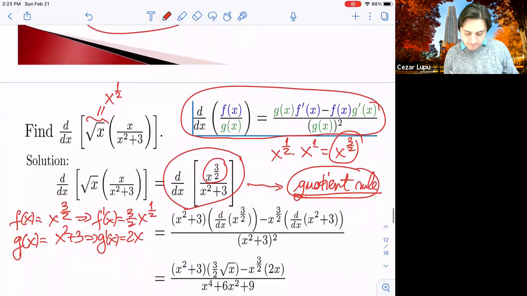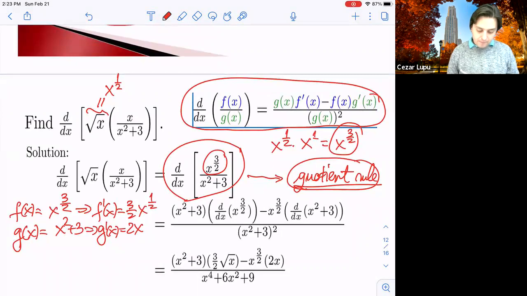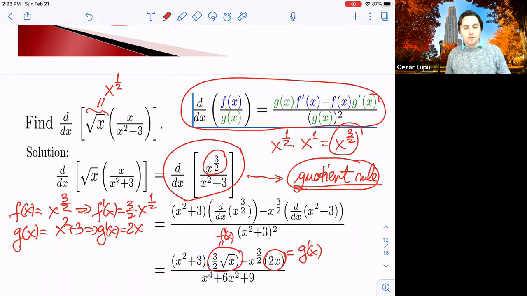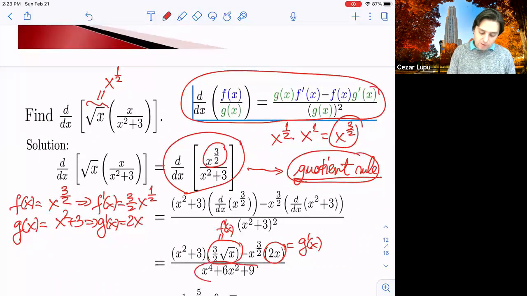All right. As you can see, this is g prime of x here. And this guy here is nothing else than just f prime. And on the bottom, this is nothing else than just g squared of x.